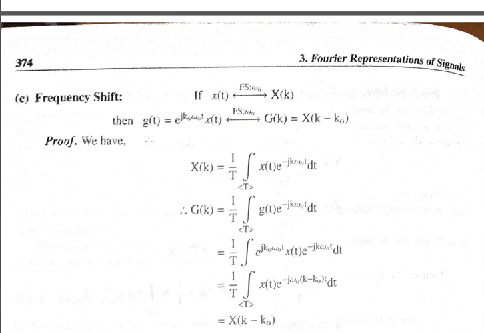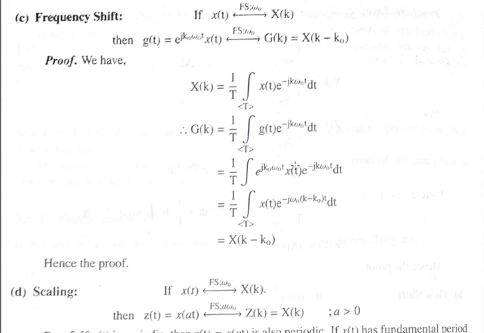How does this happen? For that, let's consider the analysis equation, and let the same representation be used for g of k. Now g of t has to be substituted. Let's substitute g of t as e raised to j k naught omega naught t x of t, and the rest is the same.